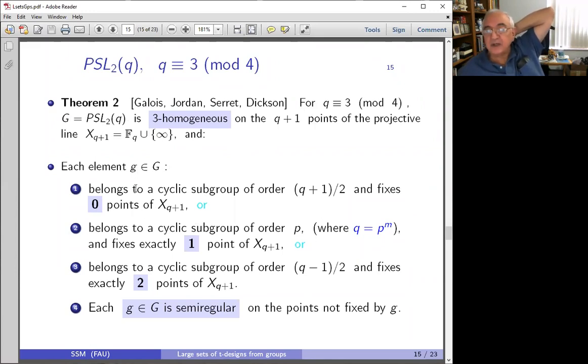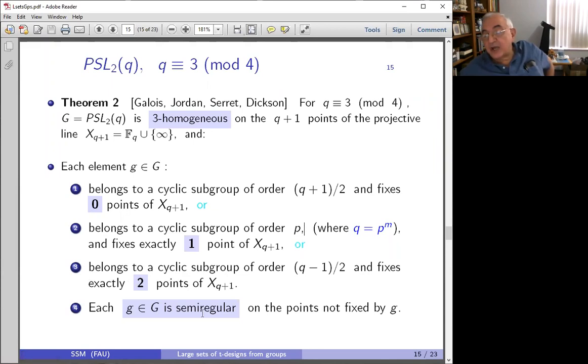Each group element belongs to a cyclic subgroup of order Q plus 1 over 2 and fixes 0 points, or belongs to a cyclic subgroup of order P, where P is the characteristic of the field. In other words, Q is P to the M, fixing exactly 1 point, or belongs to a cyclic subgroup of order Q minus 1 over 2 and fixes 2 points of the projective line.